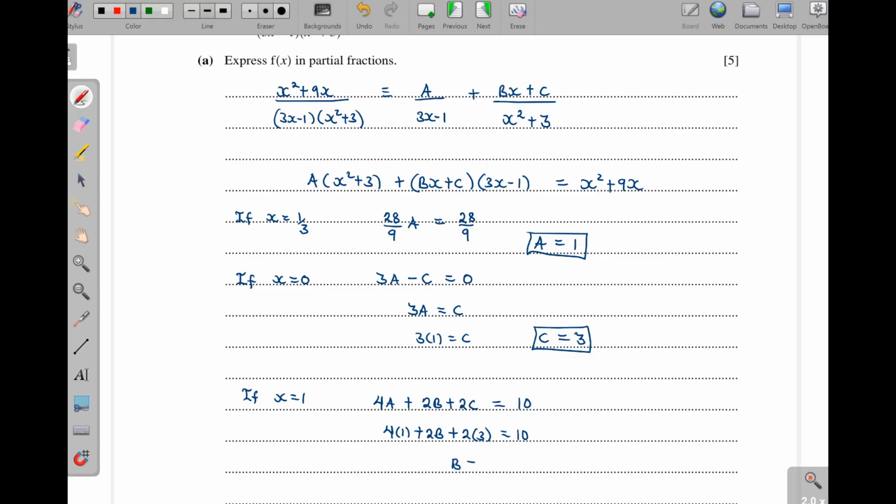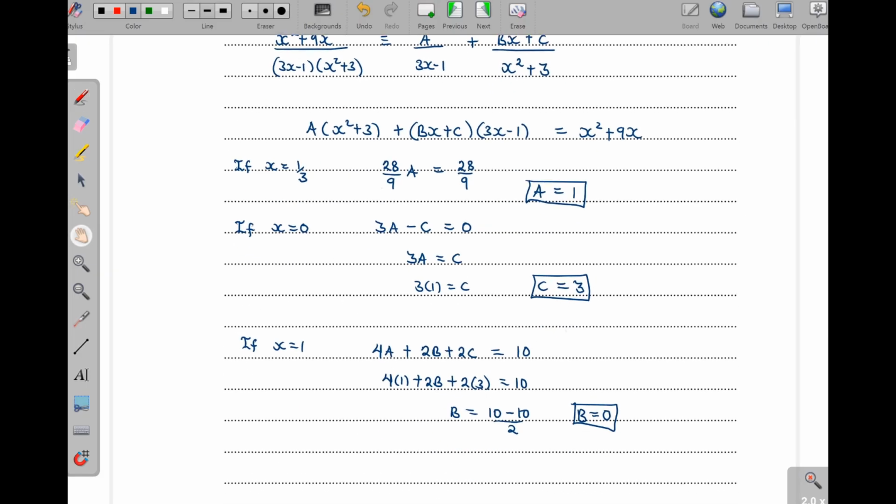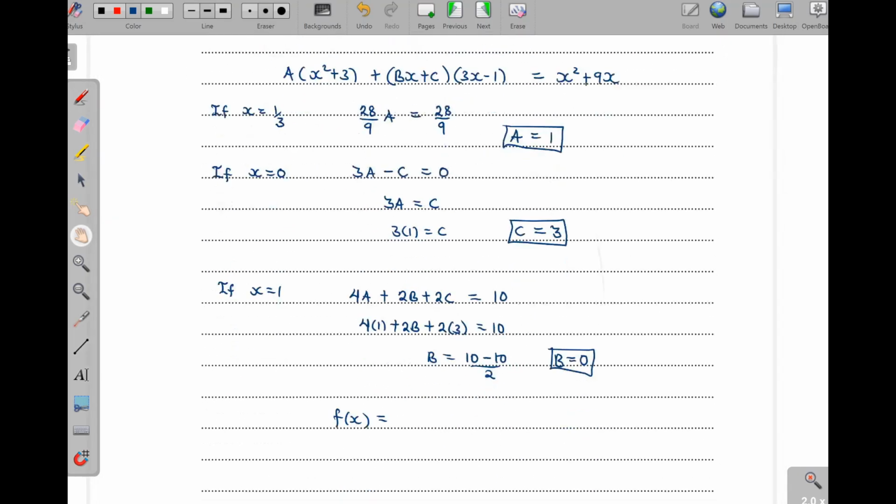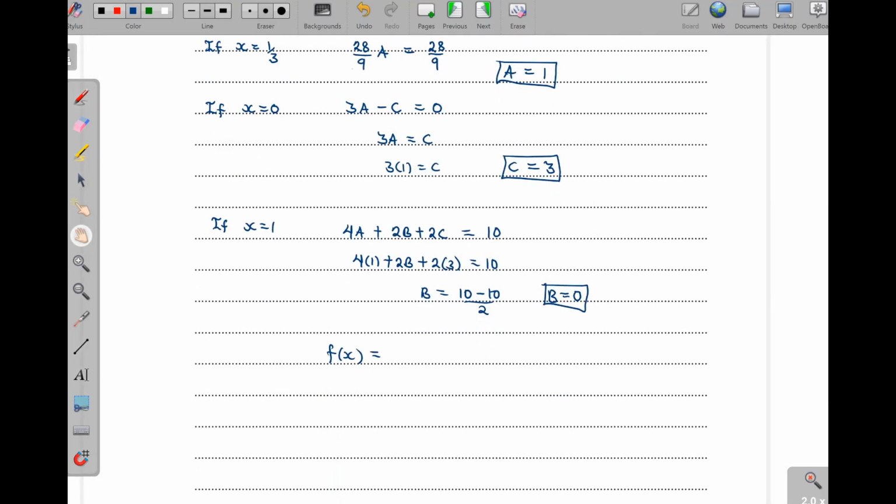So how do we get b? We shall get a 10, then minus the 6 we are seeing here. In fact, this is 4 plus 6. That is 10. And divide by 2. Automatically, b becomes 0. So what does this mean? Our f of x is now going to be a out of 3x minus 1. And our a is 1.